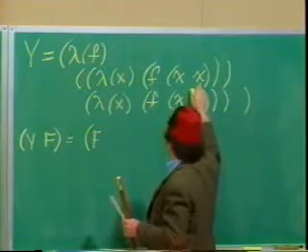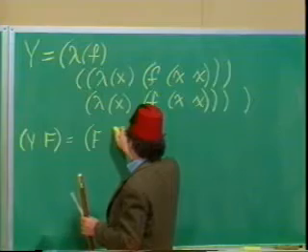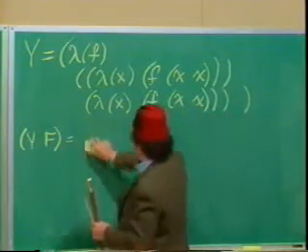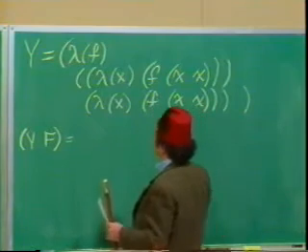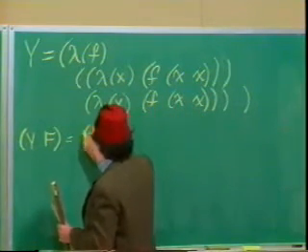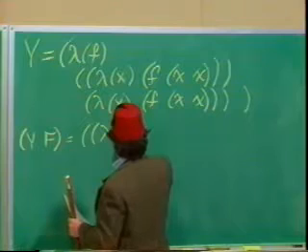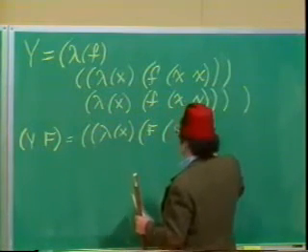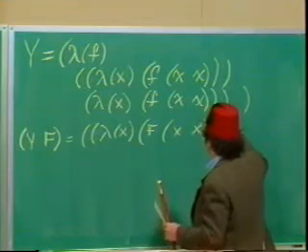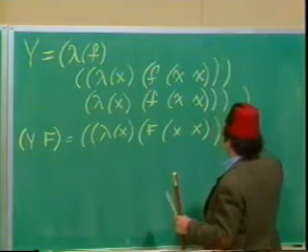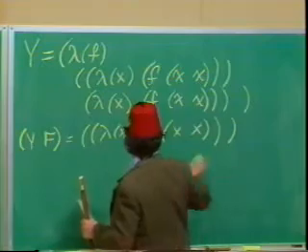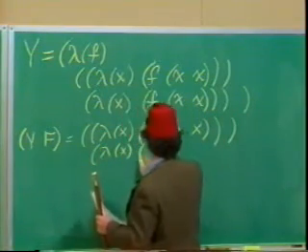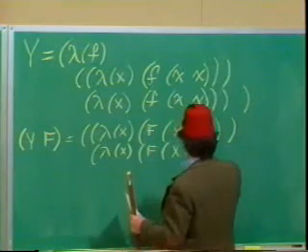So that's f of, let me actually do it in steps so you can see it completely. I'm going to be very careful. Okay? This is open, open, lambda of x, capital F, x, x, applied to itself, f of x.